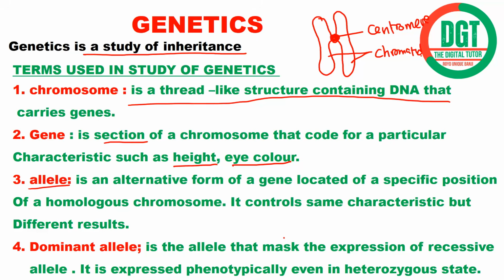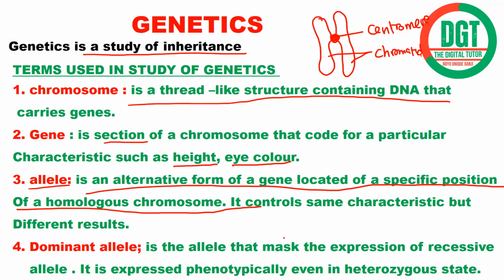Then the other term that we can look at here is what we call an allele. What is an allele? An allele is an alternative form of the gene located at a specific position of the chromosome or homologous chromosome, and of course it controls the same characteristic but gives a different result.